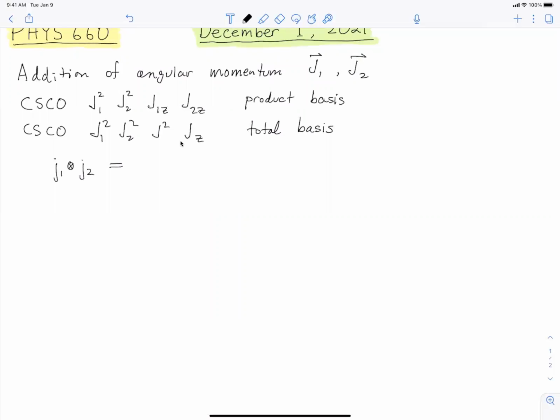We can write that as a sum of the total angular momentum eigenvalues, with the highest one being J1 plus J2, and then decreasing by 1 unit until we get to the lowest possible one, which is the difference in J1 and J2 in absolute value. So this is the product basis. This is the total angular momentum basis.